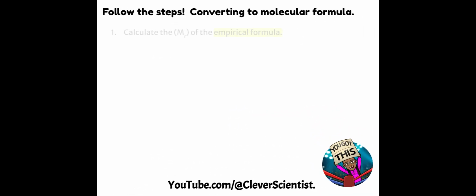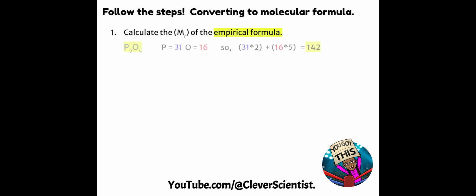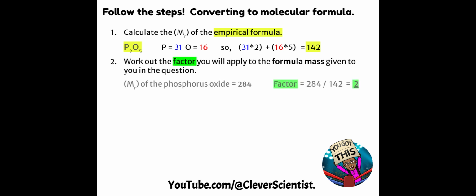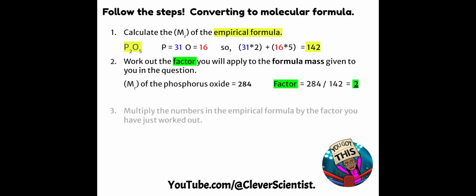So now we're going to convert to a molecular formula. So calculate the Mr of the empirical formula. And now we're going to work out the factor to apply to the formula mass given to us in the question. And in the question, we're told that the formula mass for phosphorus oxide was 284.